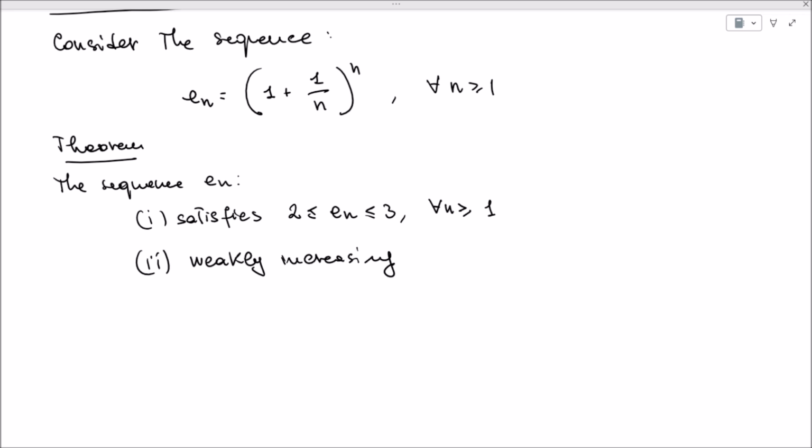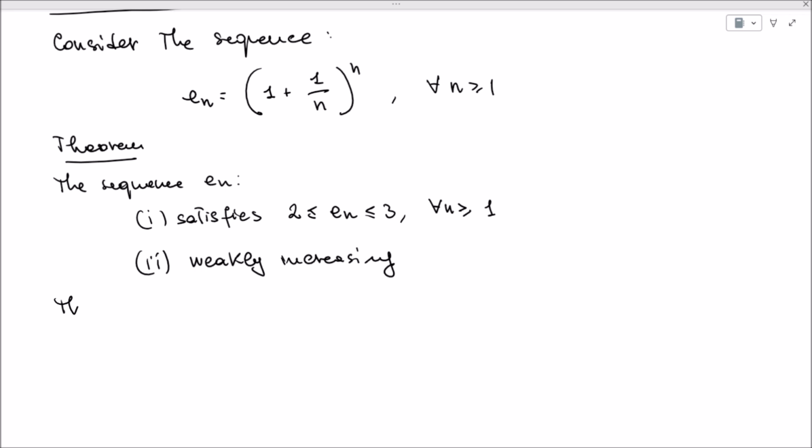And of course, if we prove both these two properties, then as a consequence of the theorem on monotonic sequences, we know that en will be convergent to some number, which will be something between 2 and 3, which is exactly Euler's number.